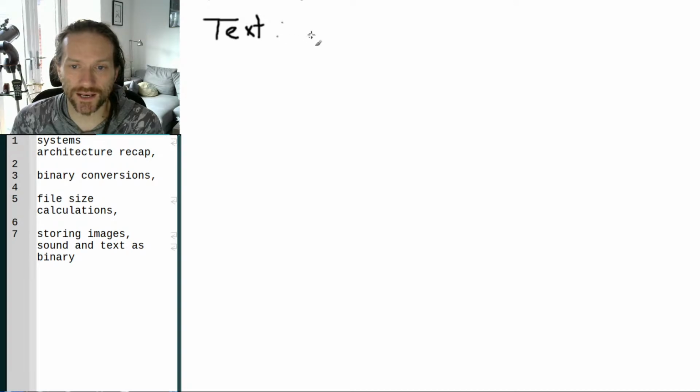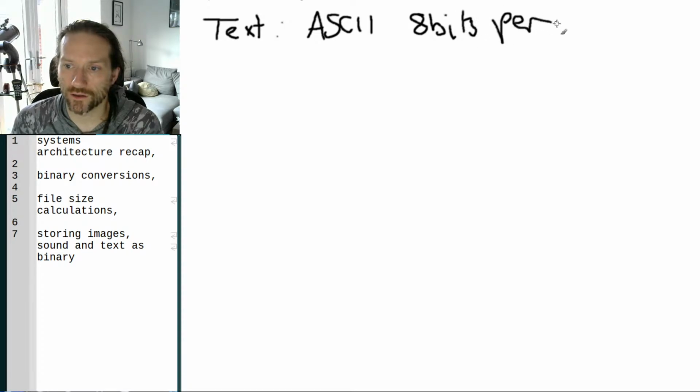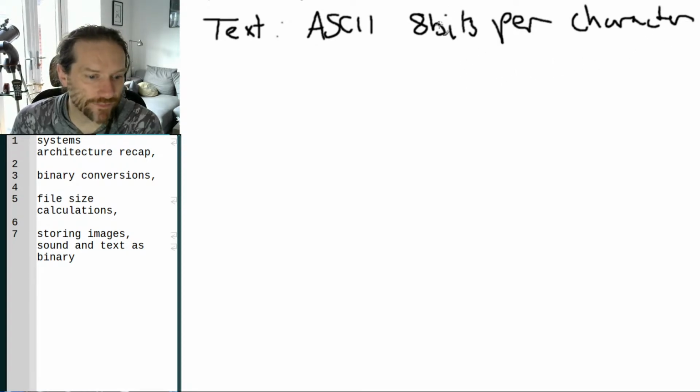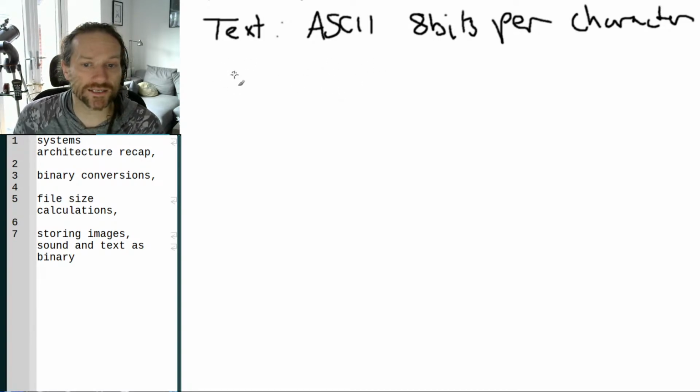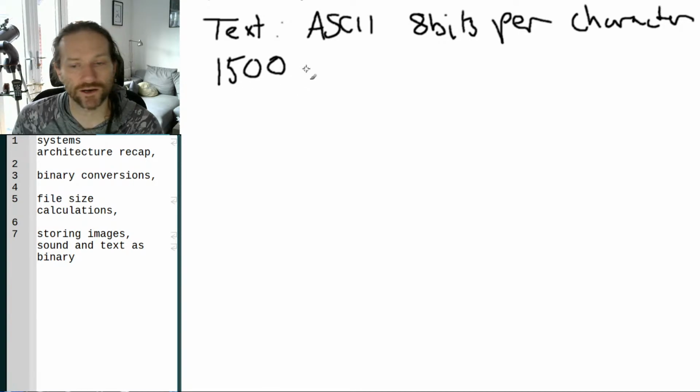Let's say we are using ASCII, which is 8 bits per character. Okay, ASCII is 8 bits per character. So let's say our text file has, I don't know, 1,500 characters in it.